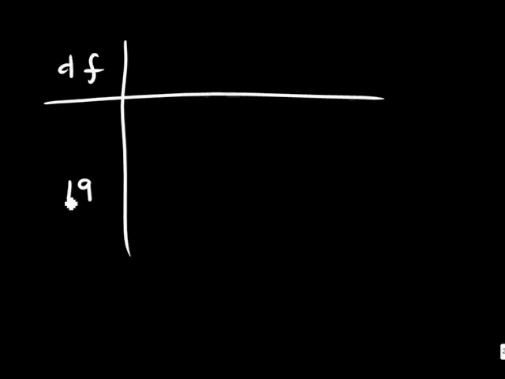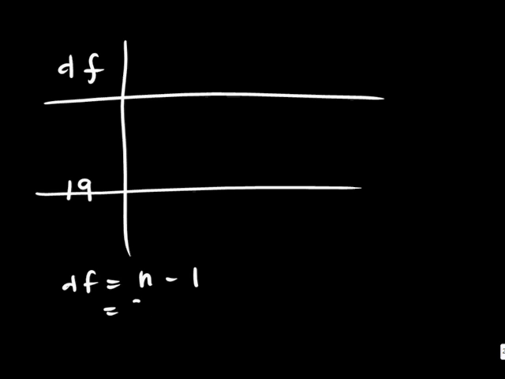So the sample size is 20. 20 minus 1 gives us 19. We will be looking for an alpha column. Since alpha is 1% and we have 2 tails, look for the 1% two-tail column with row 19 for its degree of freedom.